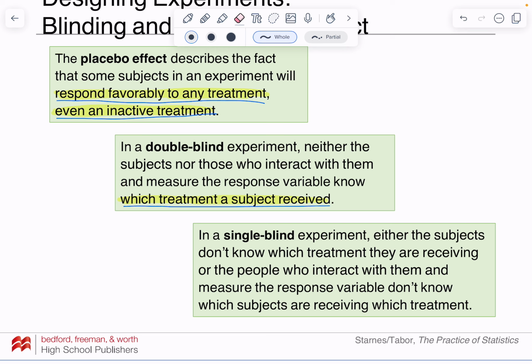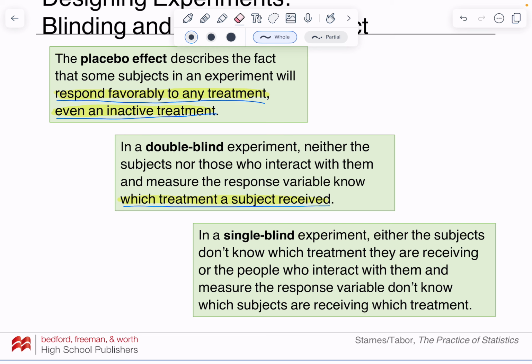But me as a person recording the information and seeing how their cholesterol levels are going, I don't know who got what. All I know is here's subject number 1, I take a blood sample, I get their cholesterol level. Here's subject number 2, I take a blood sample, I get their cholesterol level. So me as the person collecting the data, I have no idea who did what. But the people doing the experiment, obviously they had to know what type of exercise to do.